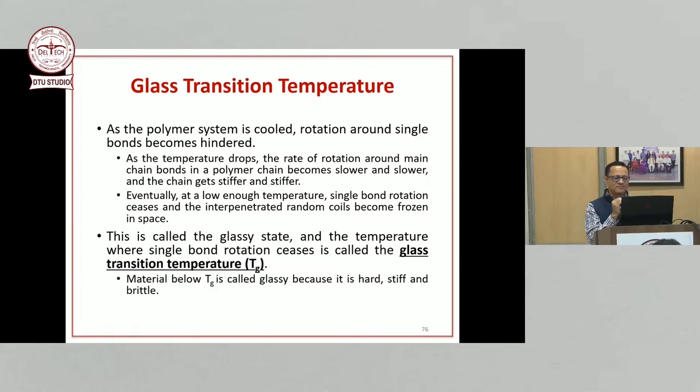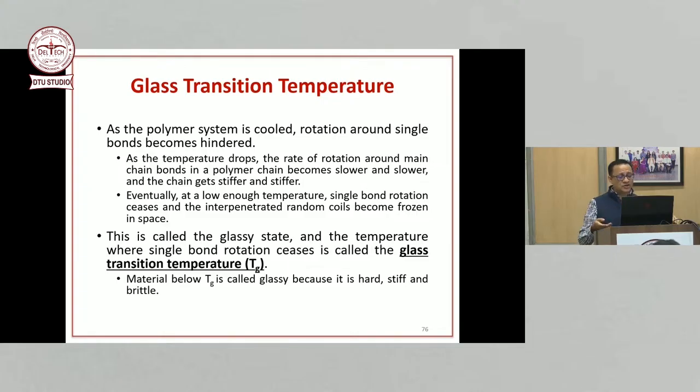Eventually, at a low enough temperature, single bond rotation ceases, random coils become frozen. This is called the glassy state, and the temperature at which single bond rotation ceases is called the glass transition temperature.